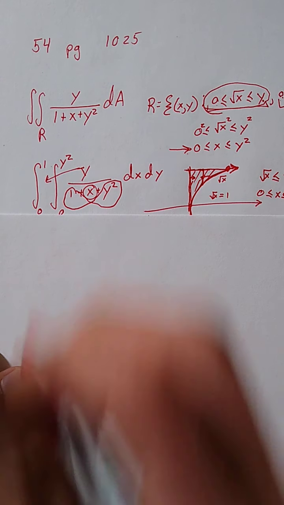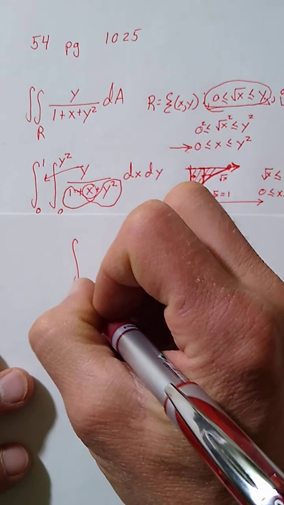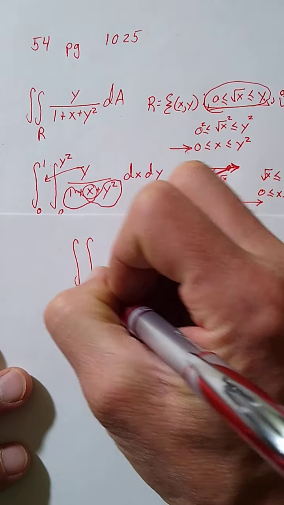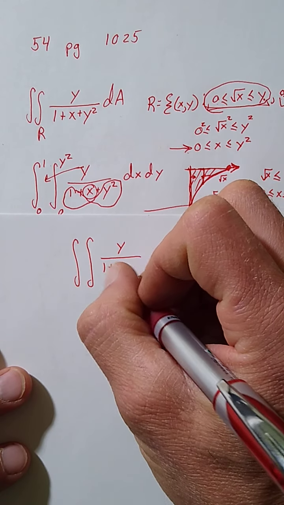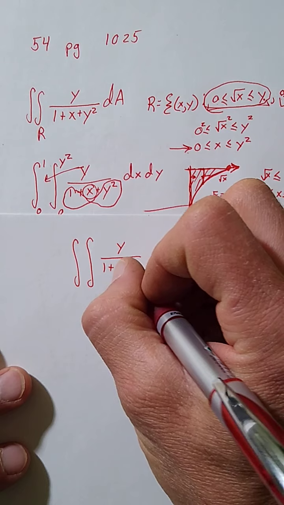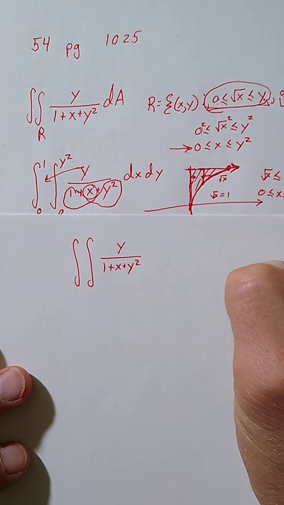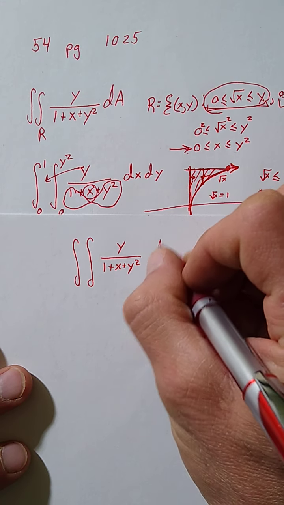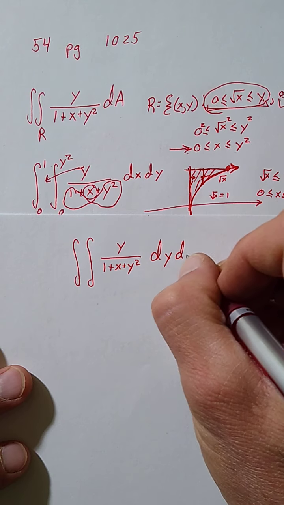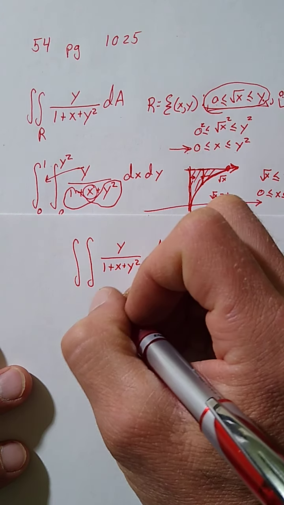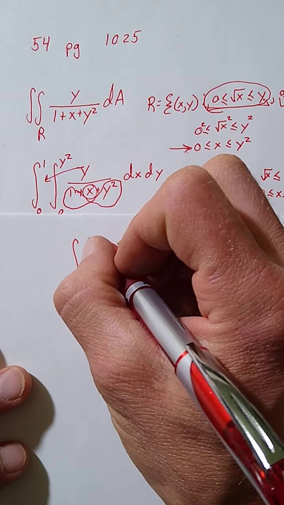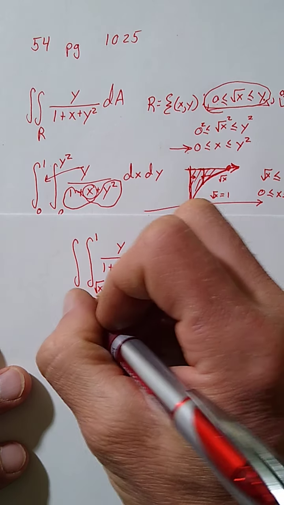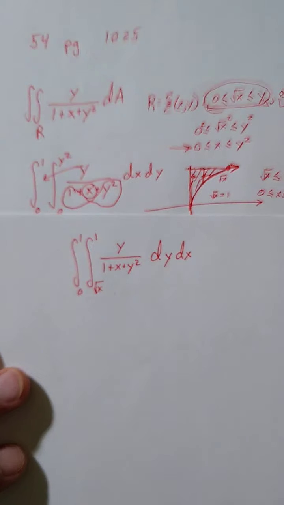Jumping in here, this gives me the integral of y over 1 plus x plus y squared, which now I'm going to integrate dy dx. So my y limits come first, and this is the square root of x to 1 and 0 to 1.